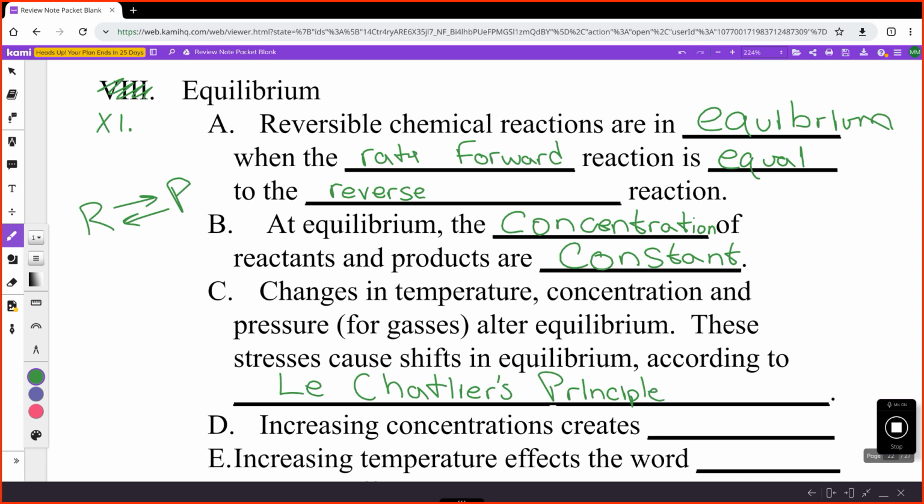Le Chatelier's principle. Because what you have to do is take the information of shifting an equilibrium and combine it with the kinetic stuff that we talked about in the last video. And if you can think about what this altering of equilibrium does to collisions, it will help put your brain in the right place.